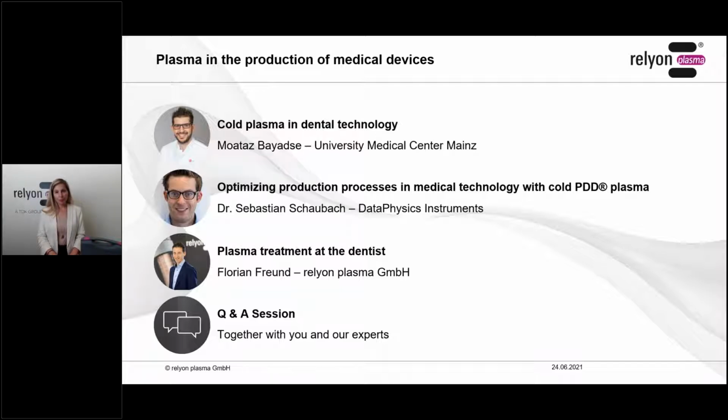In this concept, we want to show you how materials, dental implants, can be activated by our concept, and he will show us the latest in vitro studies on this topic. At the end we will start together with you and our experts a Q&A session to have an exchange, and maybe you have some ideas where you can use the cold plasma in your company.